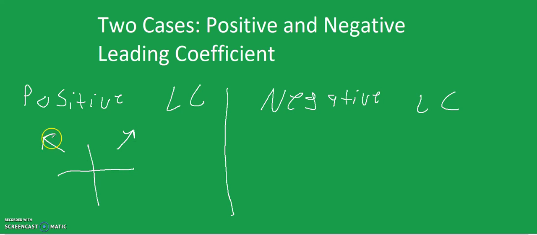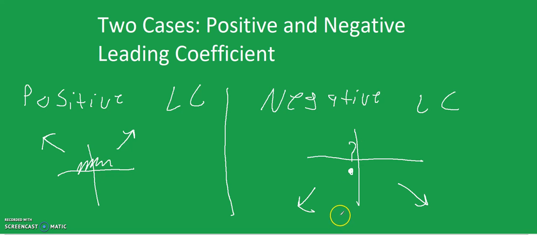So I know my ends are going to look something like this. Whatever happens in here, I'm not really sure about, but all I know is it's going to end like this. Both sides are going to point upwards. And then if it's negative, both are going to point downwards towards negative infinity. And then I don't know what's going on in the middle. Maybe we'll figure that out later.